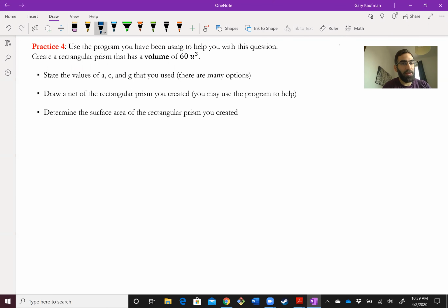Create a rectangular prism that has a volume of 60 units cubed. State the values of A, C, and G that you used. I want you to then draw the net of the rectangular prism and then find the surface area of the prism that you created.